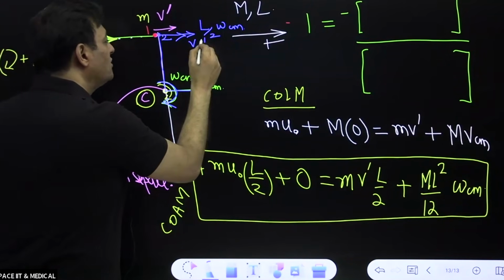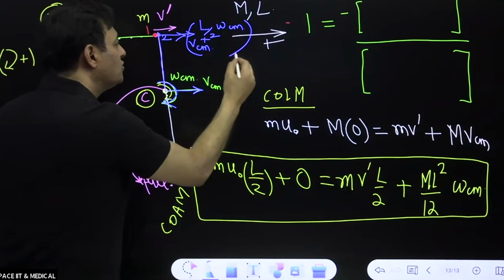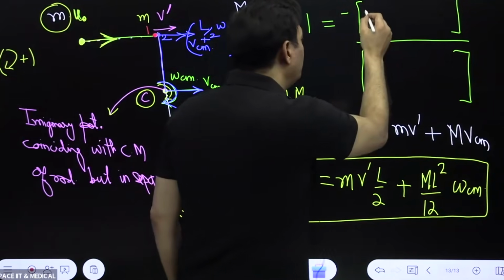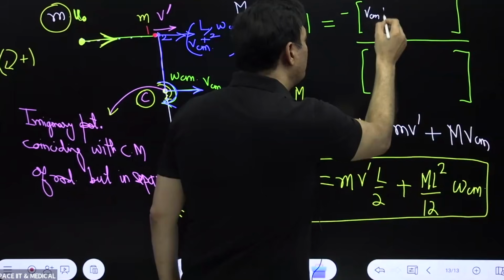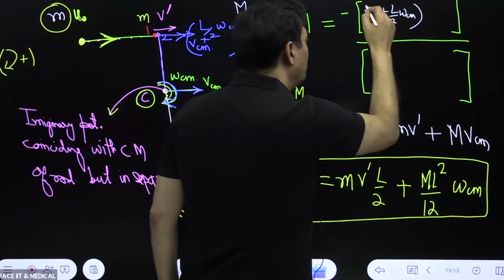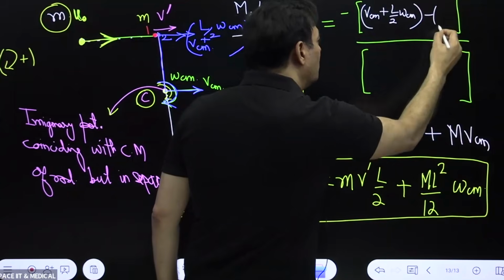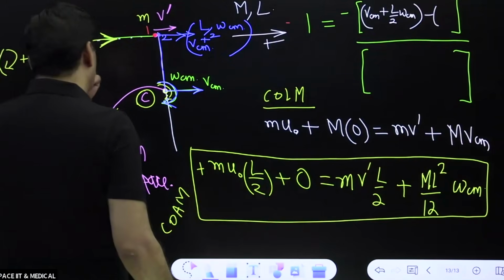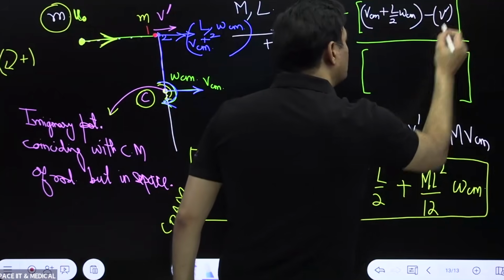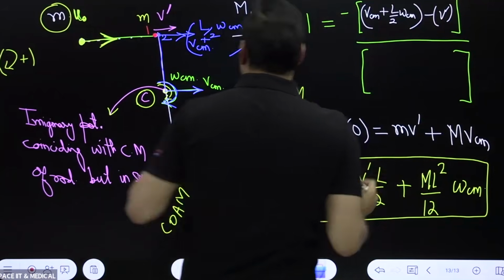And the total velocity of point 2 will be this. So you will write down this velocity. The velocity of point 2 will be VCM plus L by 2 omega cm. The velocity of point 2 minus the velocity of point 1 after collision is V dash, upon U2.